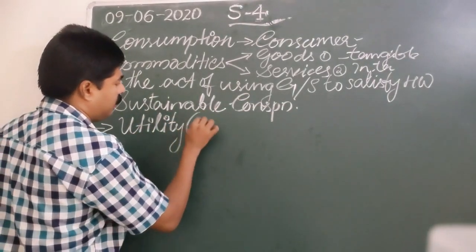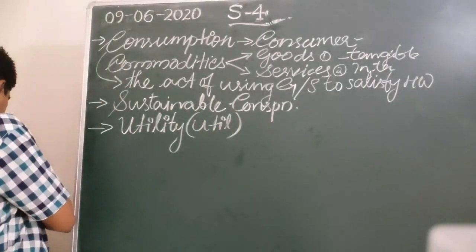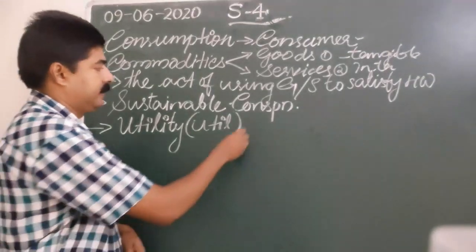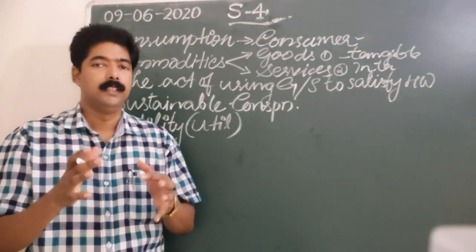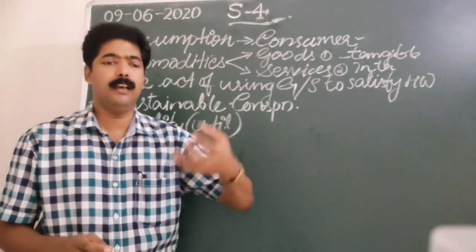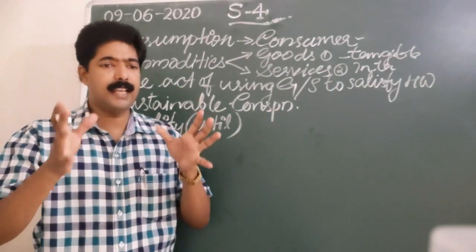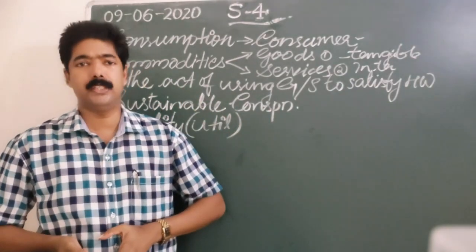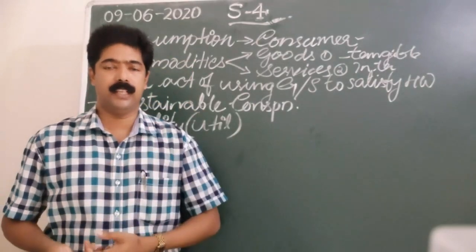What is utility? In a simple sense, in a mere definition, as I have told you, goods and services will be purchased for the consumption purpose only. Why do we purchase goods and services?